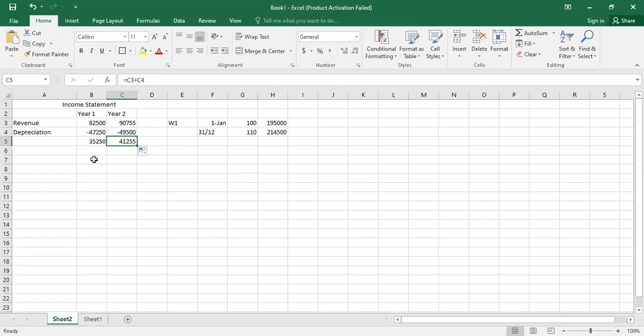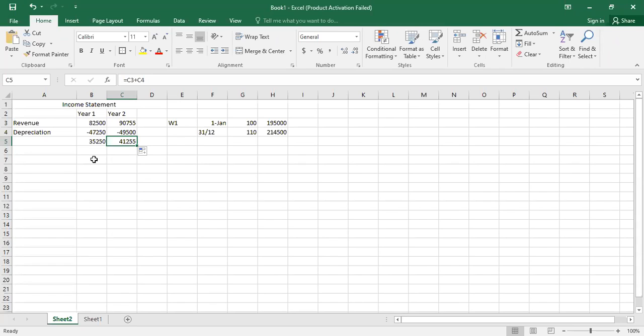So in other words, this is our income statement. The only overheads or operating expenses that we've had is depreciation. So the figures that we have here portray our income or our profits.